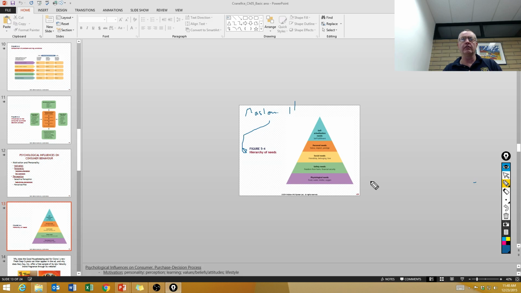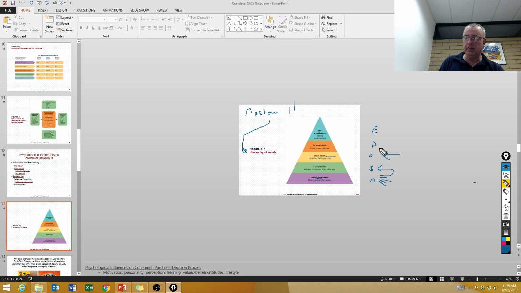So we have these five levels of needs, A, B, C, D, and E. If we want to satisfy a need at level C, at the social level, we have to first satisfy the needs at the base level, our physiological needs, or need for food, water, shelter, and the like. And then after we satisfy these physiological needs, then we can devote our attention to solving our safety needs.